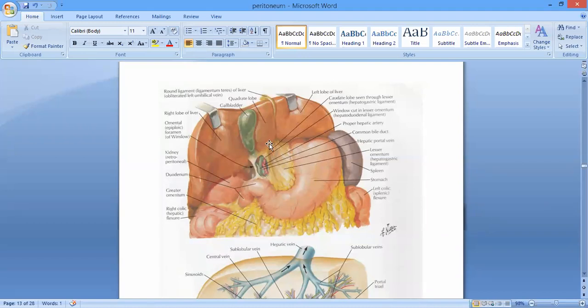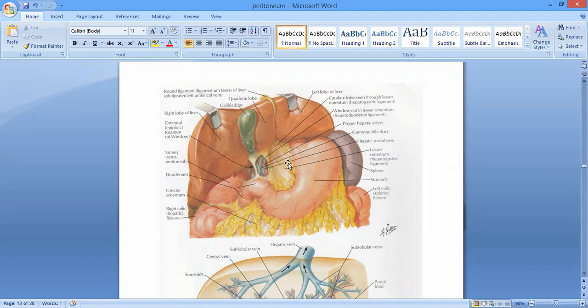Okay? Clear? So the hepatogastric ligament and the hepatoduodenal ligament.